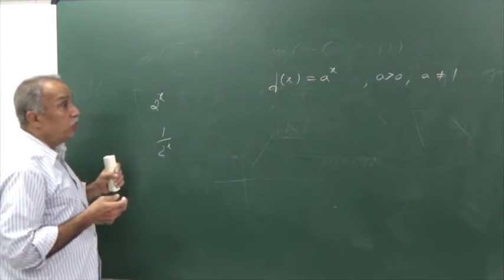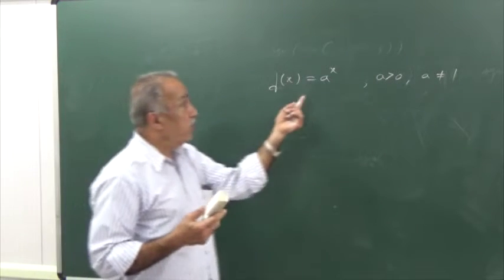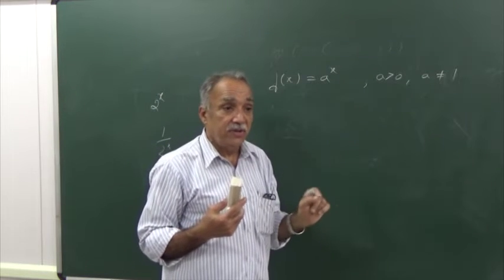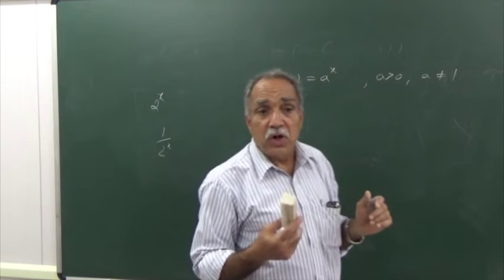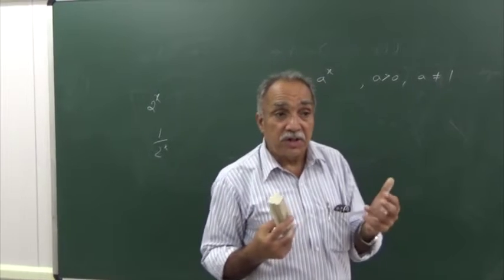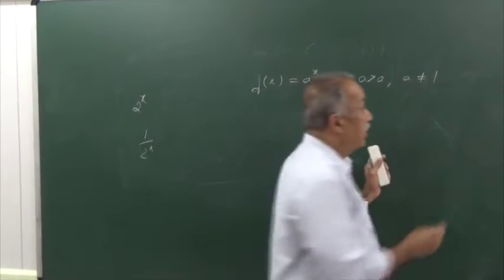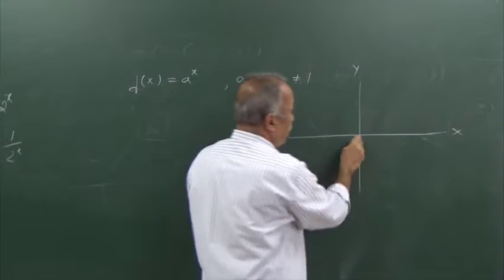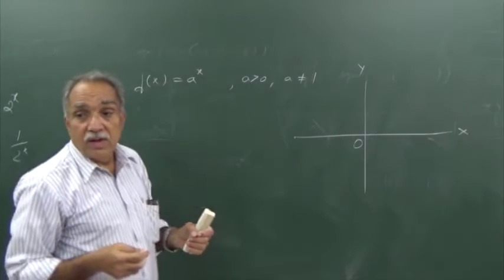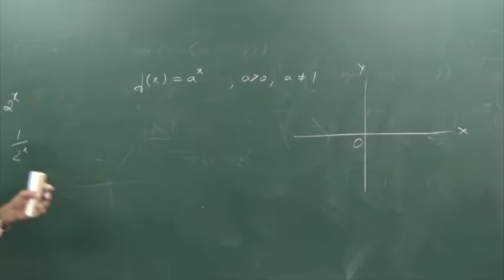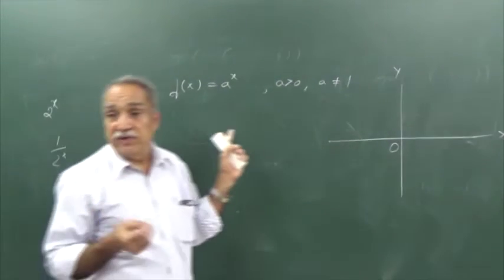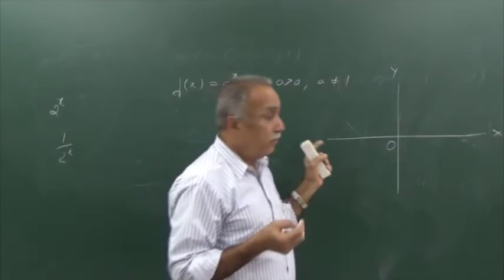So, mainly there are two varieties. One a to the power x for a greater than 1, another a to the power x for a less than 1. Suppose we try drawing the graph for this function. What kind of curve do we get? Suppose to begin with, assume that our a is positive. If you want, assign a particular value for a, say a equal to 2.